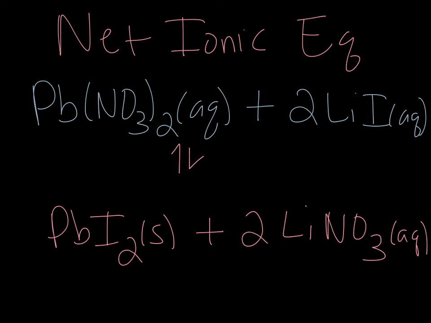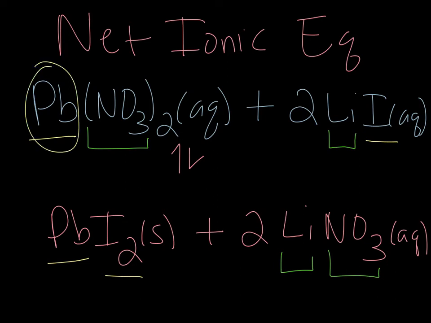If we look at this chemical equation, all these ionic compounds are going to dissociate in solution to give their individual ions. What we can see is that here nitrate ions are aqueous, and in my products they're also aqueous. And I will have lithium ions aqueous, and in my products they're also aqueous. The lead, though, has gone from lead in the aqueous form to lead in the solid form, and same with the iodide.